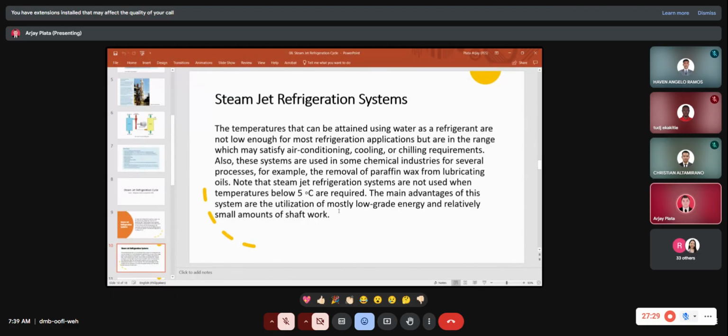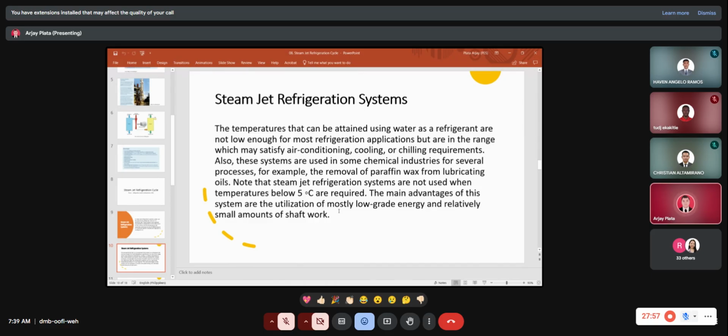It has special applications. It is not commonly used in industrial systems, but there are specific applications.